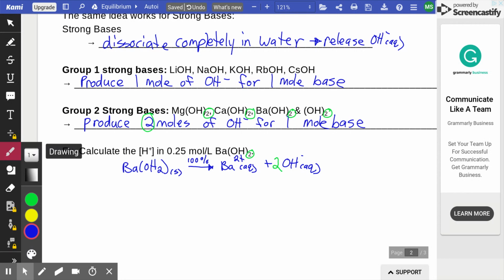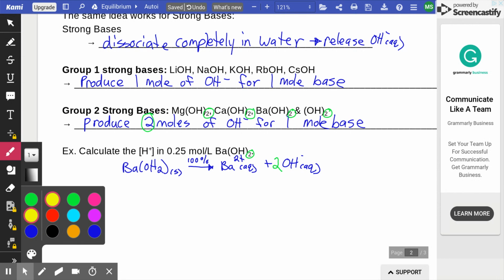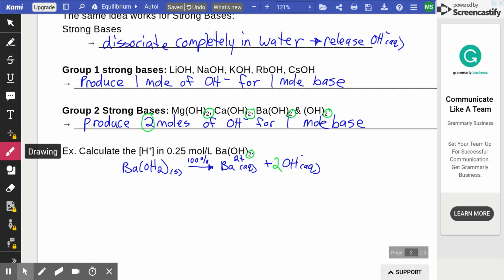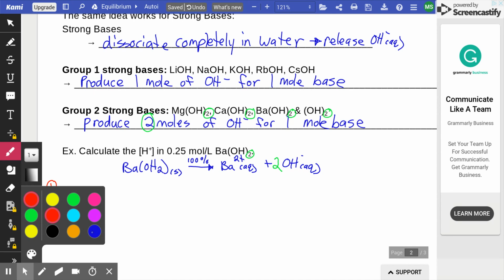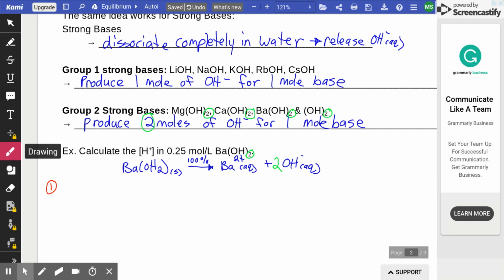So our first step is we're going to calculate the concentration of our hydroxide. I know you can do this fairly easily, but we're going to use a mole ratio because sometimes it doesn't work out quite so nicely.